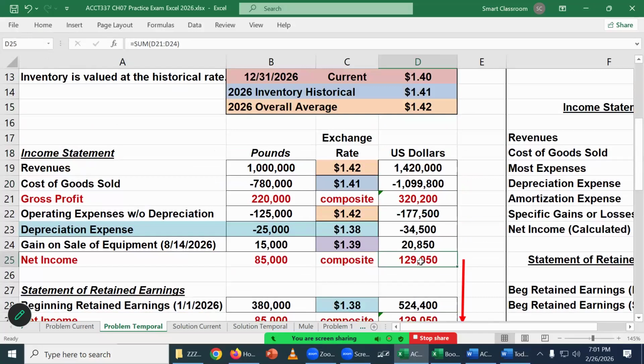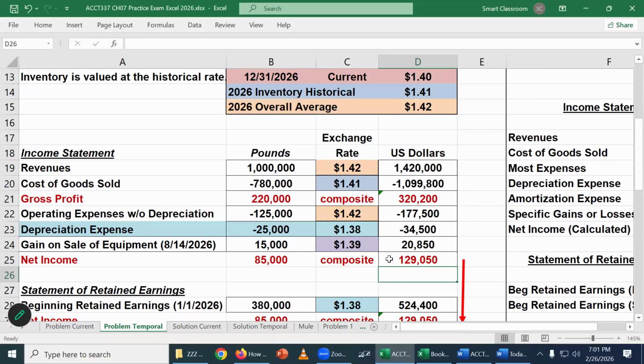Actually, if you just want to draw it, put in the right number and then just cross out whatever you have there and just put 129. It's fine. Okay. So you redo everything for it. That's right. 129.50, 129. Okay.